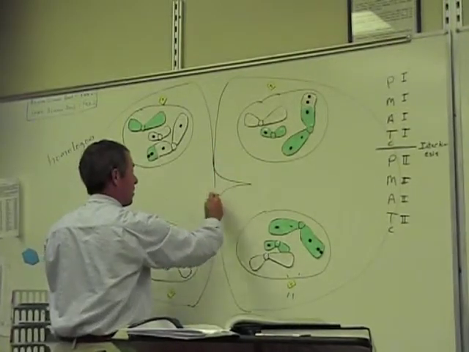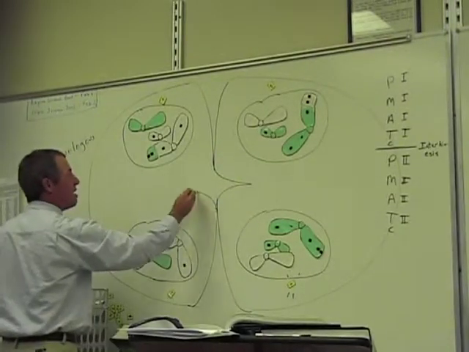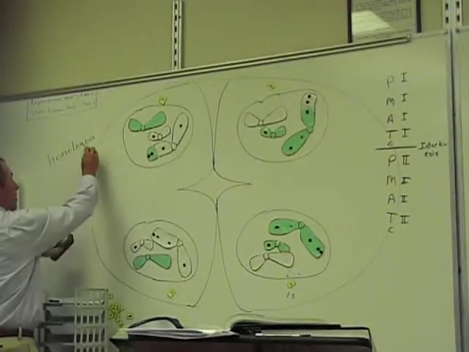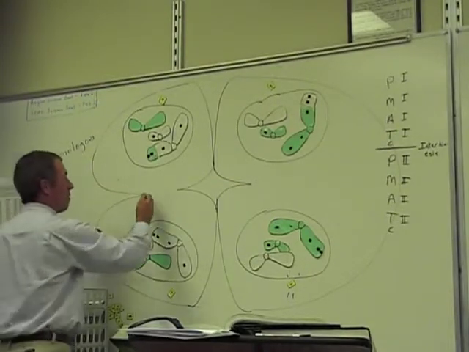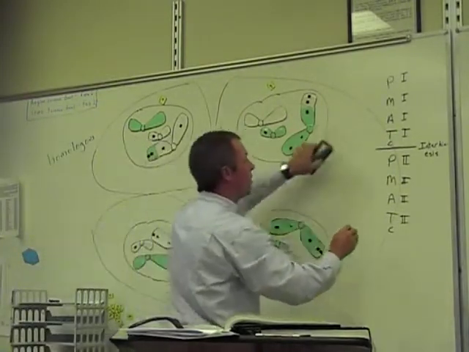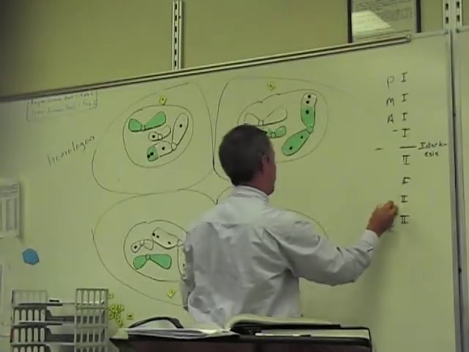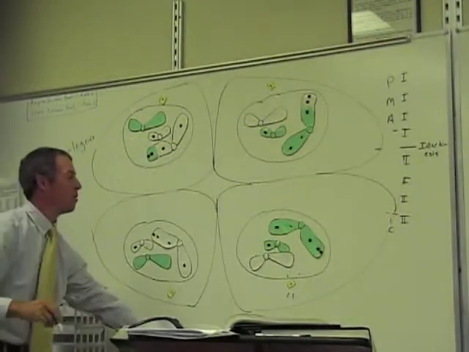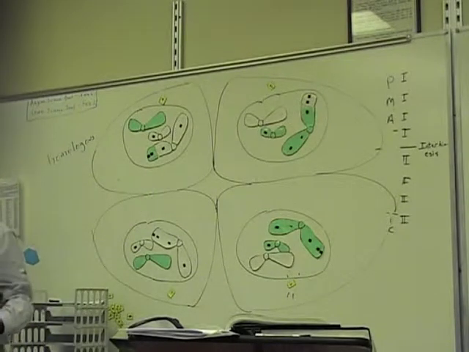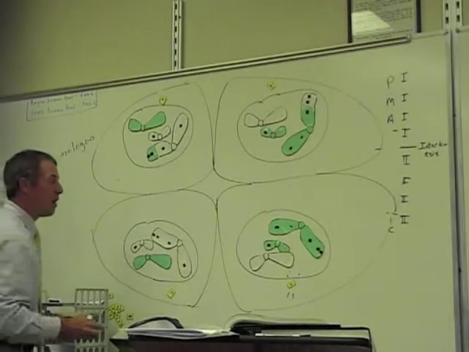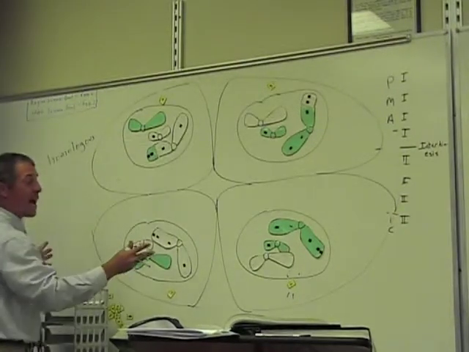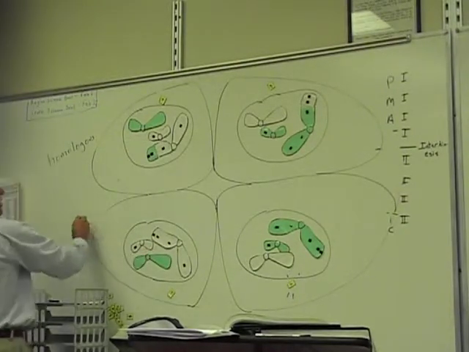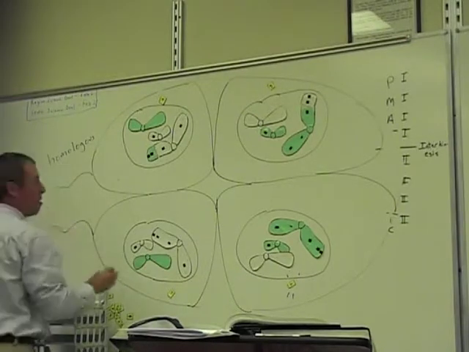There is. Now each cell's going to split. And now we have 4 cells where we started with 1. And each cell, in this case, is going to grow a tail because it's in a man.